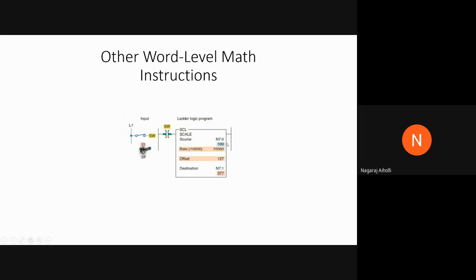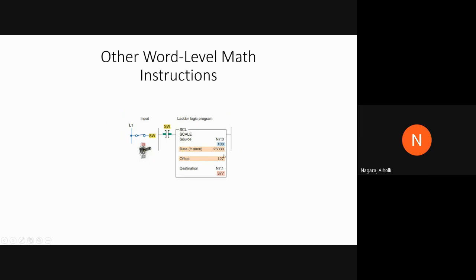Then next is the scale instruction. Scaling is multiplying a smaller value to obtain a larger value, or applying some scale factor to the larger value to obtain the smaller value. Here the value is 25,100. First 100 is multiplied with 25,000, then the result of that is divided by 10,000, and then the offset means we have to add 127.